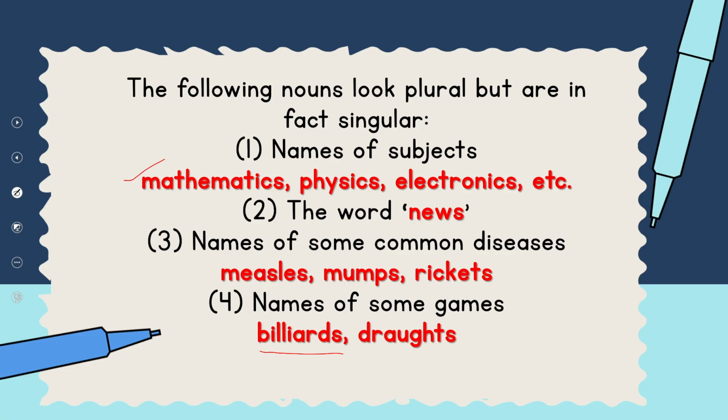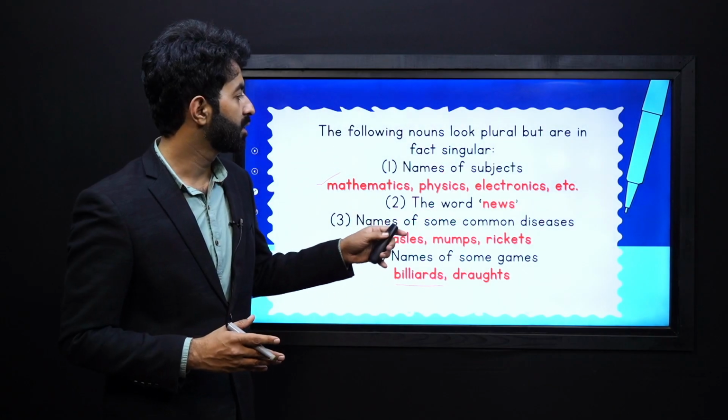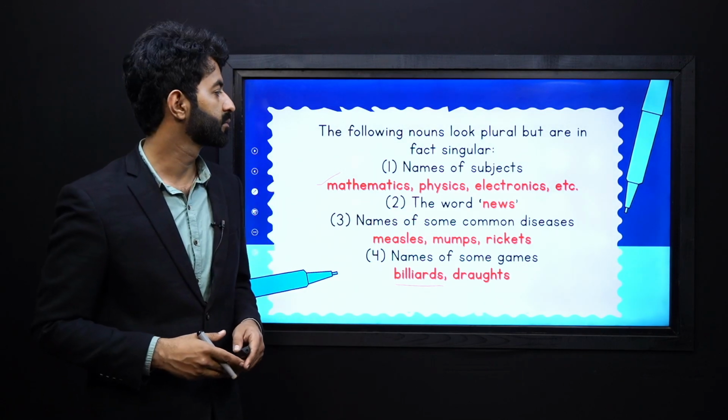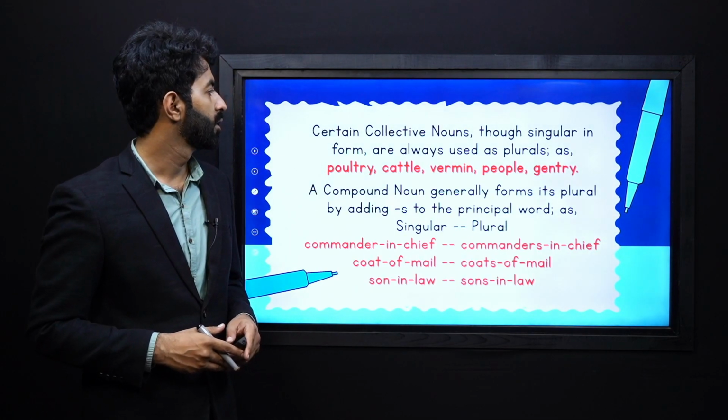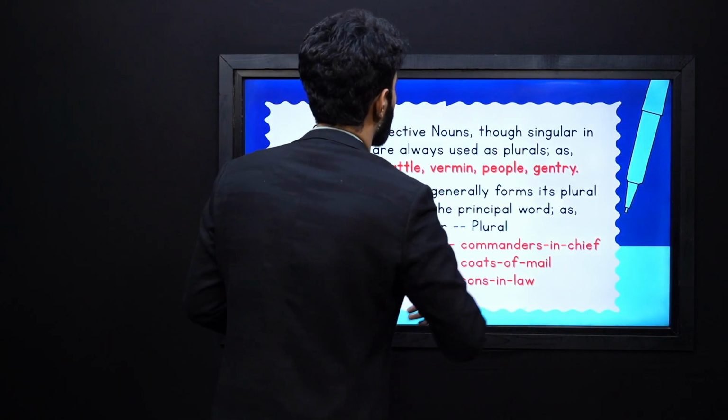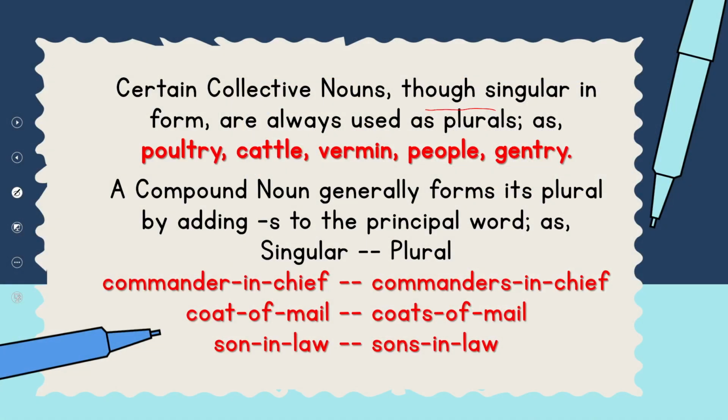So all these are used with plural form, but they are singular. Also, certain collective nouns are singular in form, but they are always used as plurals. Poultry, cattle, and these examples.